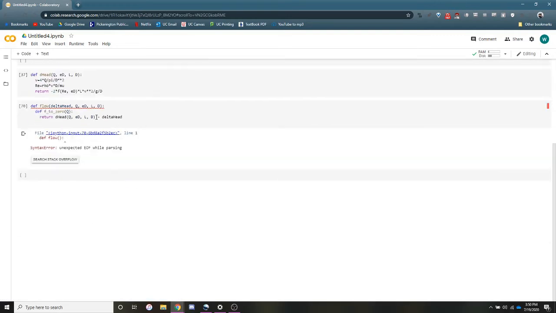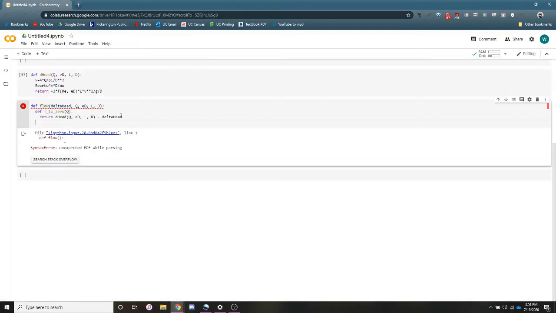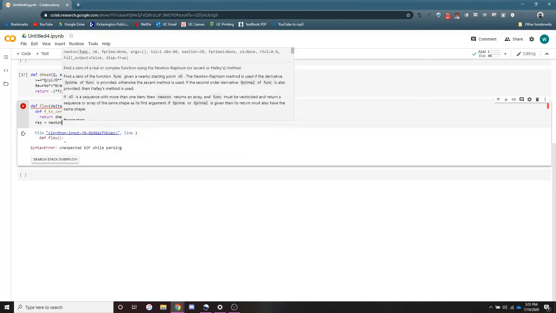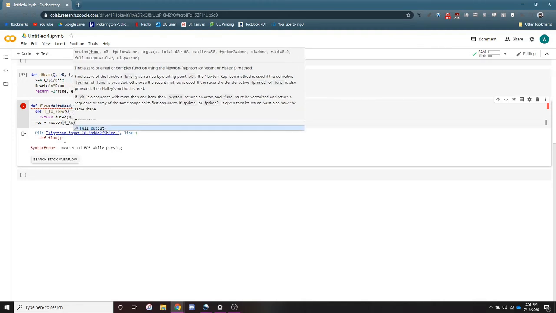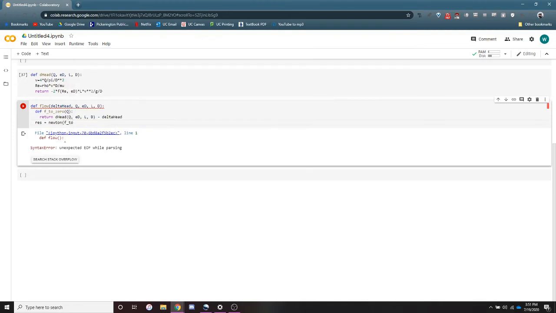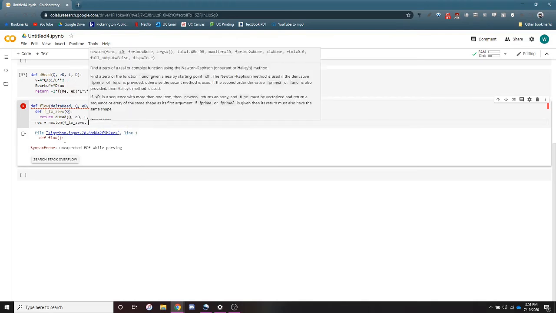Boom, easy. Now, all we need to do is have our actual numerical solve, where we have our function that we need to bring to 0, that would be f to 0, and we need some kind of guess.